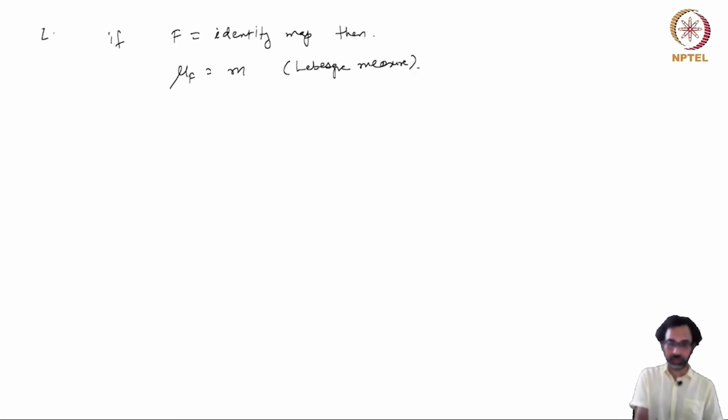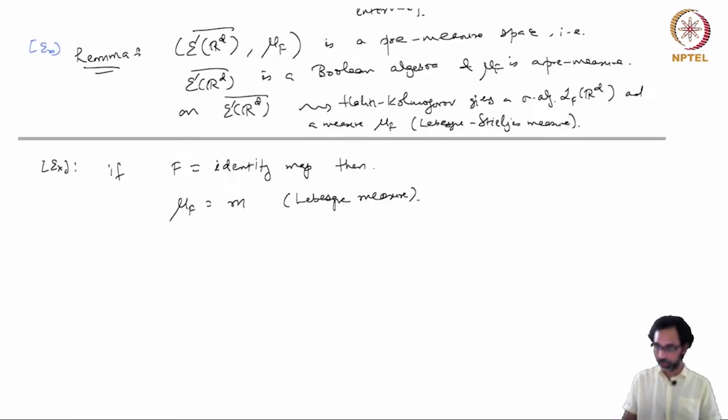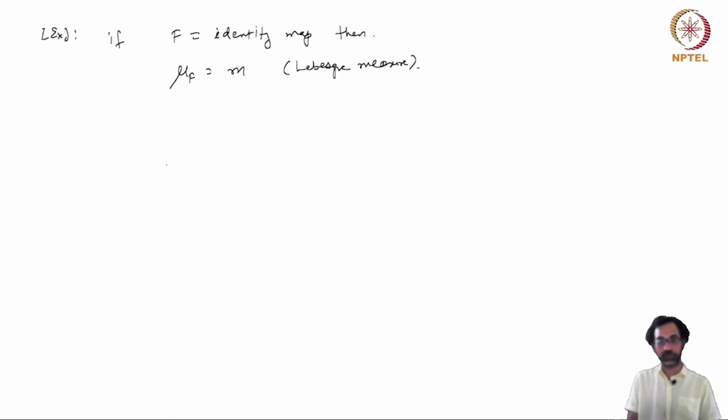So all these are exercises for you to check. First, the lemma says that this is a Boolean algebra and a pre-measure, and then the Hahn-Kolmogorov theorem gives you a Lebesgue-Stieltjes measure, and for the particular case of the identity map, this gives you the Lebesgue measure.